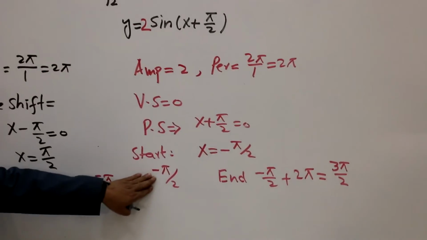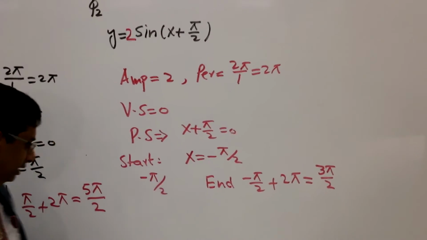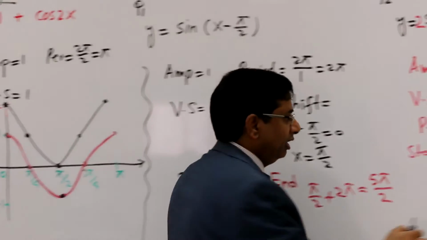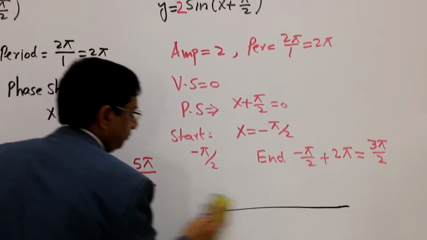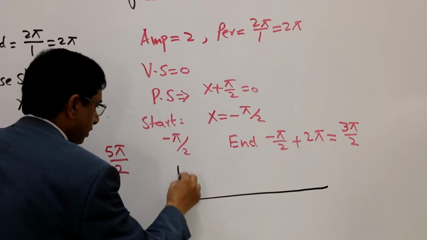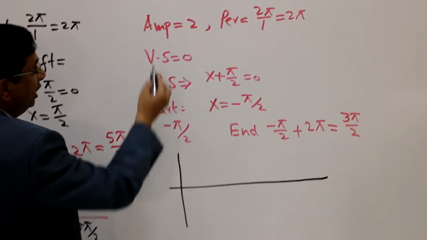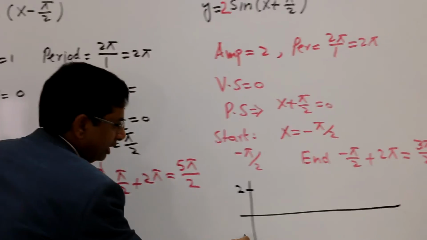Look please at this graph. Your starting point is minus half pi and ending is this one. We show this one on the number line, I mean axis. Look at this one. The amplitude is 2, so just mark it 2 here. And here negative 2.